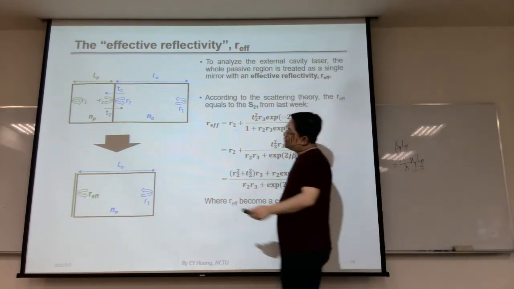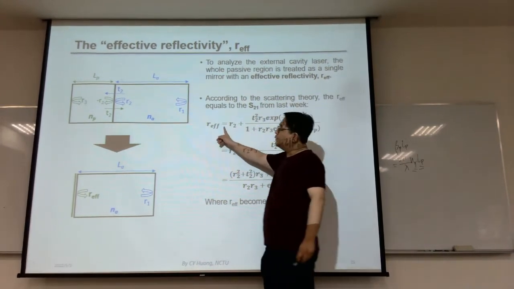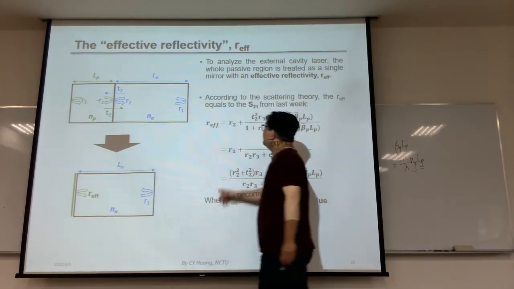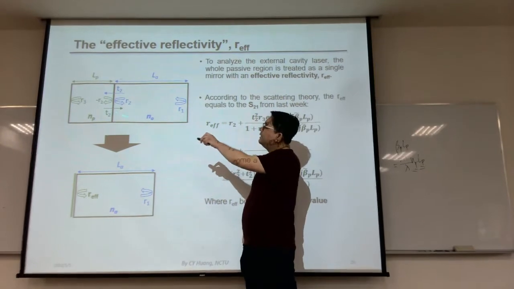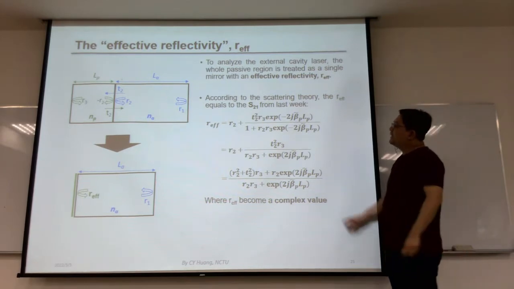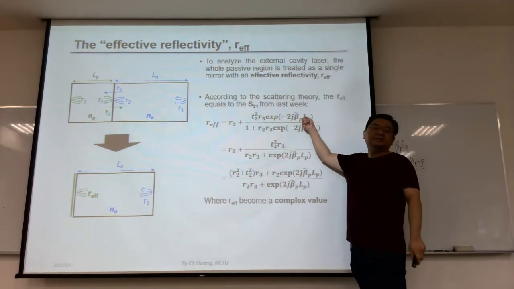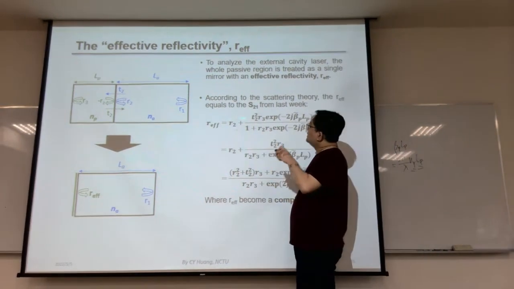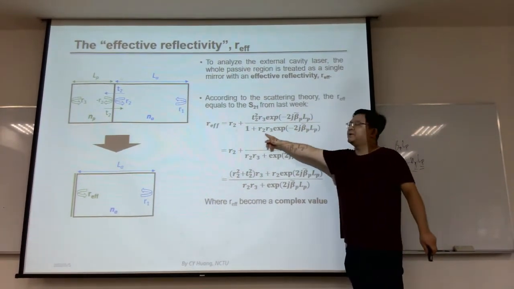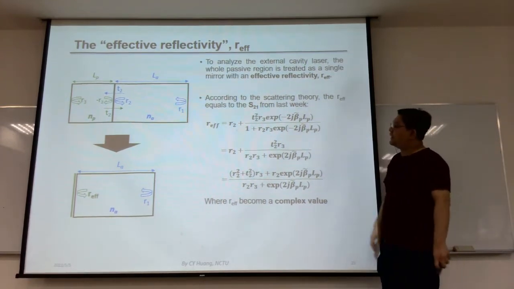If we look at this end mirror here, the reflectivity we see for the light coming from the active region side will be equal to, first, R2, the reflection between LA and LP. And then the second is the optical feedback inside the passive region. It is T2 squared times R3 times exponential 2j beta_p L_p. This is the same as the work we did in the February lecture.